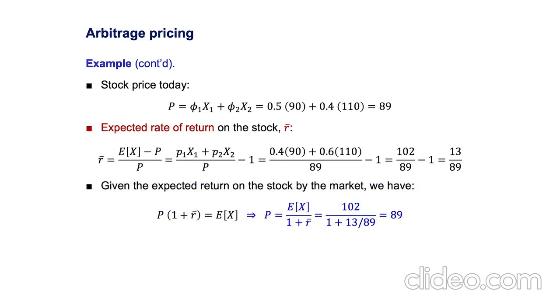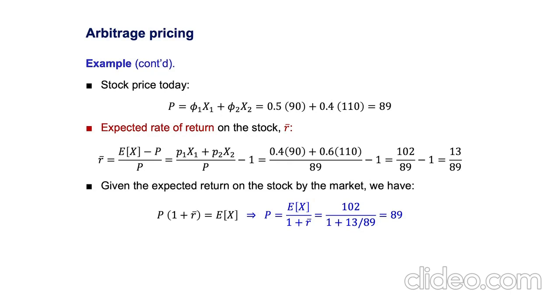Rewriting this equation, the price of the stock is given by the expected payoff divided by 1 plus the expected rate of return on the stock. Plug in the numbers, we have 102 for the numerator, and 1 plus 13 divided by 89 for the denominator. Finishing the calculation, we get 89 as the price of the stock, which is exactly what we got before.